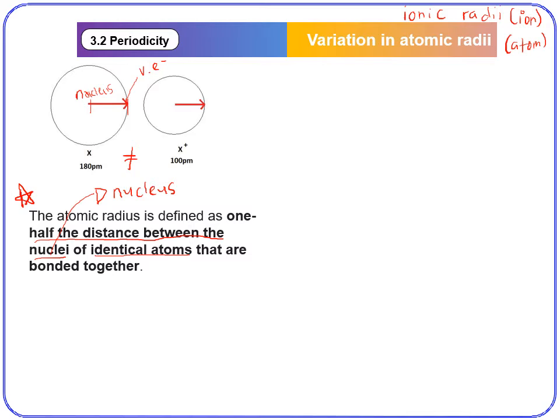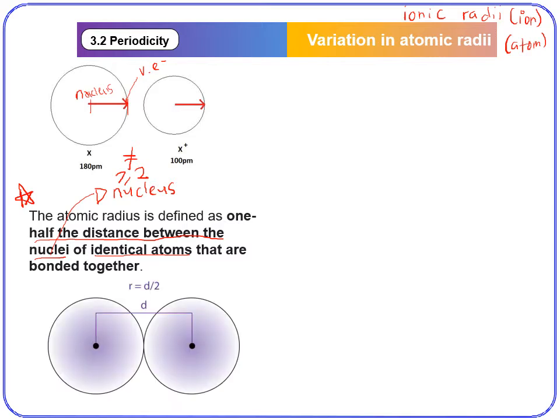But if there is more than one nucleus, two or more, we read it as nuclei, of identical atoms. As we already know, the size of the electron is very small, so it is very difficult for us to identify the valence electron.